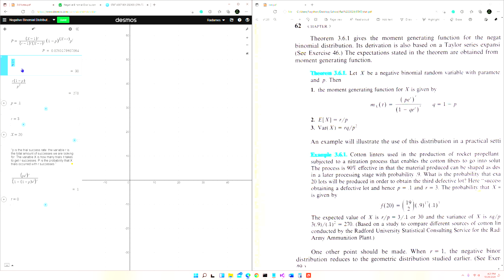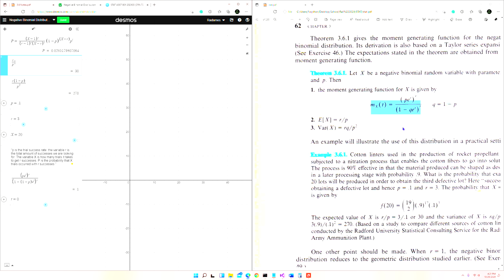So just use r over p. Don't worry too much about the moment generating function. It's kind of a waste of time, unless it turns out that we're supposed to be using this. We're supposed to kind of know the derivation of it, how to get this. So if you guys need, I can make a video on the derivation of this moment generating function and even how to take the derivative of it to get r over p.